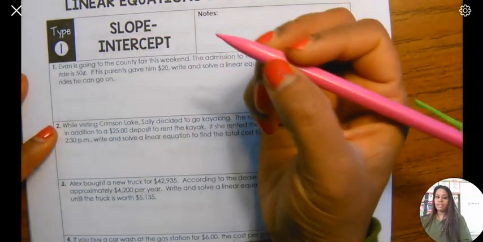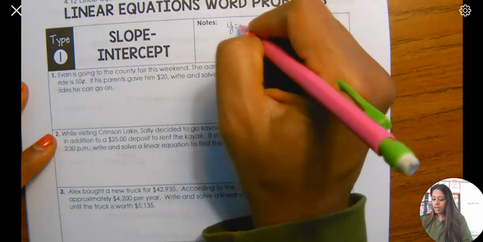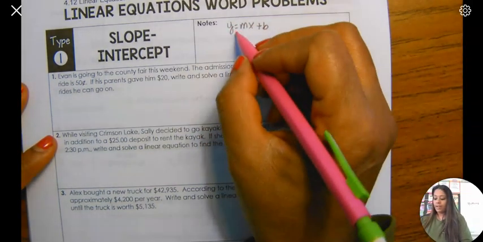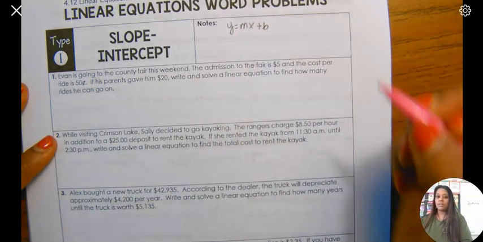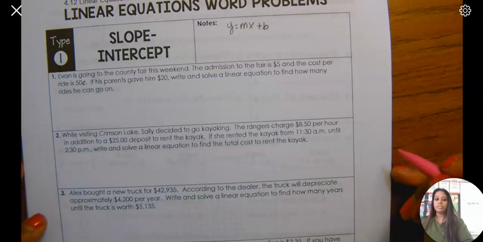So let's go ahead and look at the slope-intercept formula first. Slope-intercept formula is y equals mx plus b. So if we know what the slope is and what the y-intercept, or in this case it's going to be the constant or the starting point.